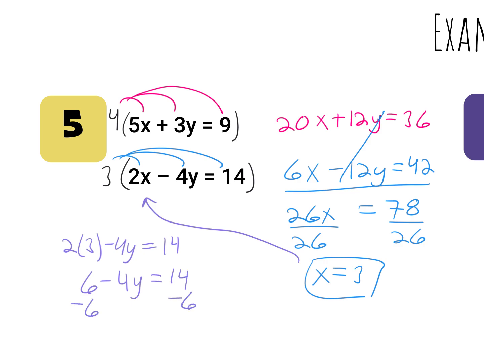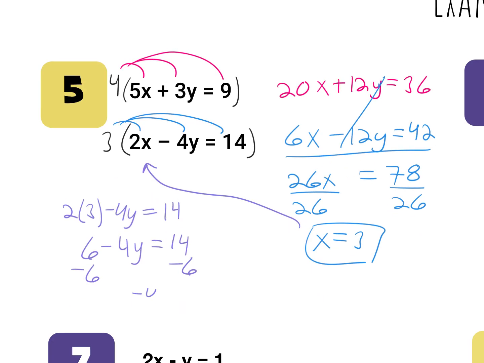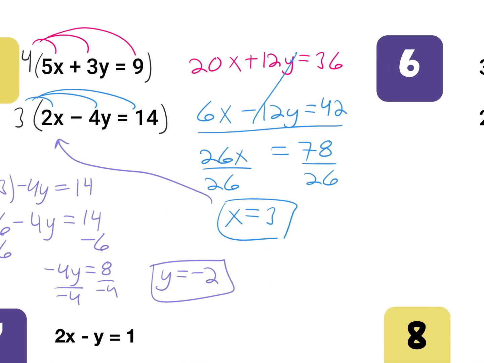Subtract 6 on both sides, and we get negative 4y equals 8. Divide both sides by negative 4, and we get y equals negative 2. Writing our answer as an ordered pair, we get 3 comma negative 2. It's always x comma y.